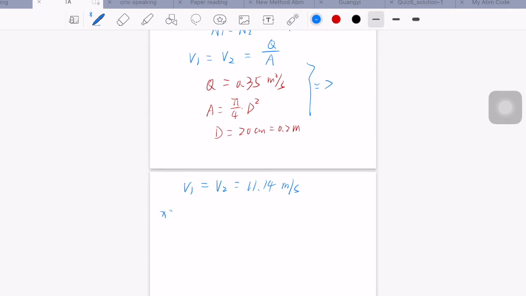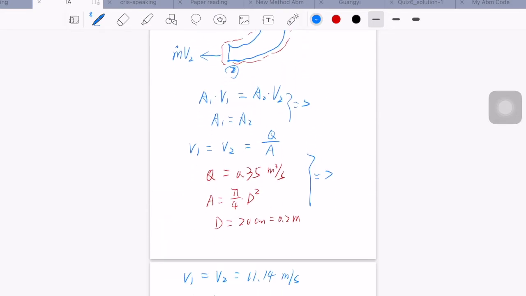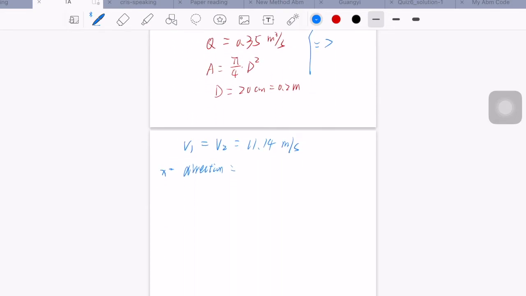So in the x direction, we have that P1 A1 plus P2 A2 plus Fx should be equal to rho times Q times minus V2 minus rho times Q times V1.